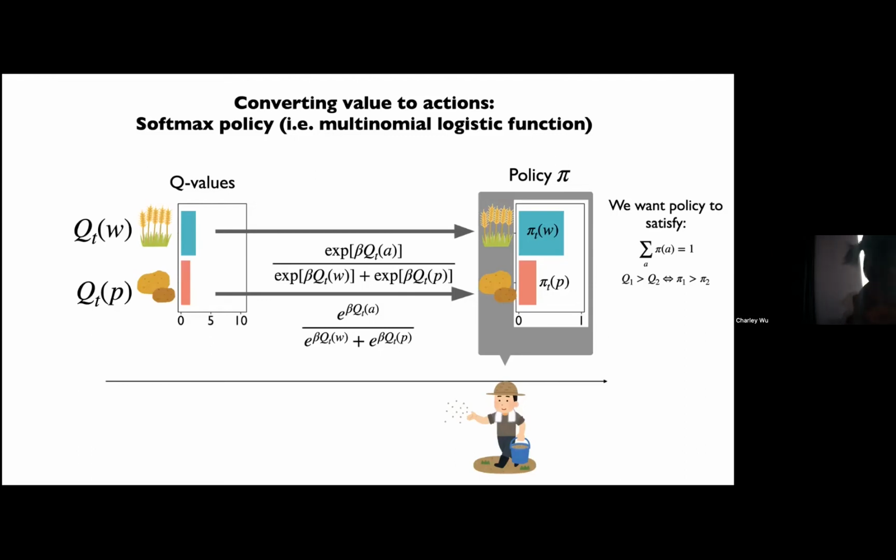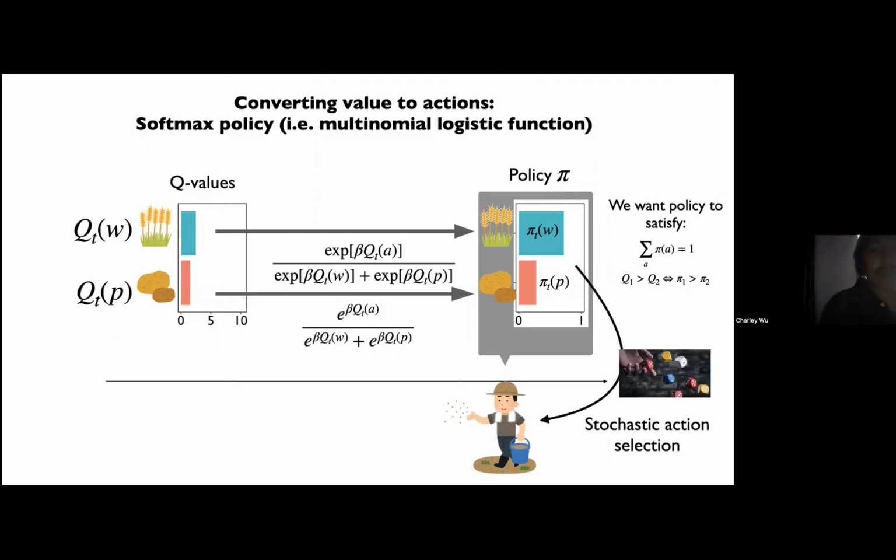Based on this policy, a probability distribution of choice, we assume that the next choice is generated by a kind of coin flip, a stochastic process based on the derived choice probability. As you can see, there's another parameter called beta here.